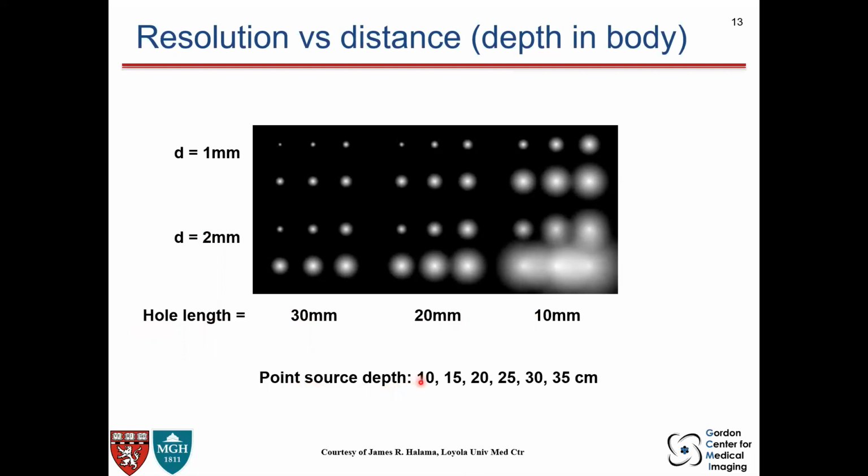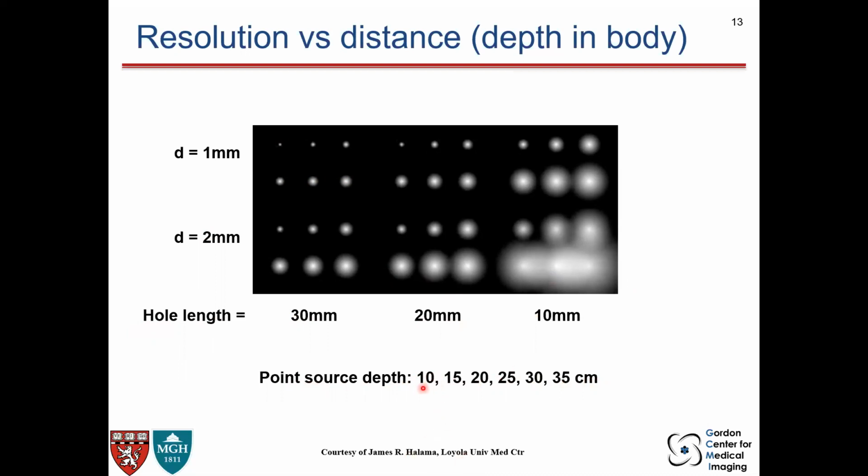And we are talking about 10, 15, 20, 25, 30, and 35 centimeters within the body. Obviously, as I said before, you want to get the patient as close as possible to the collimator and the detector to get the best resolution.